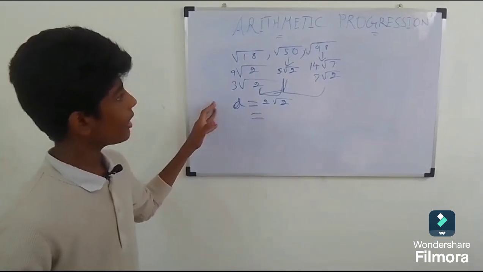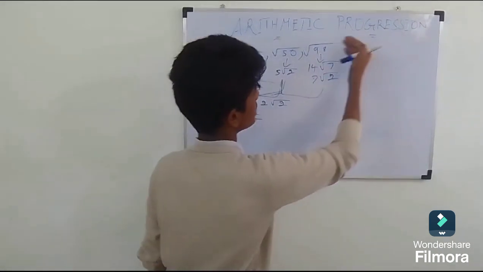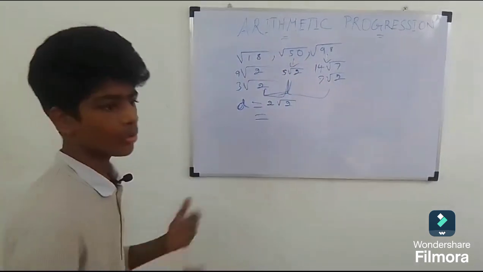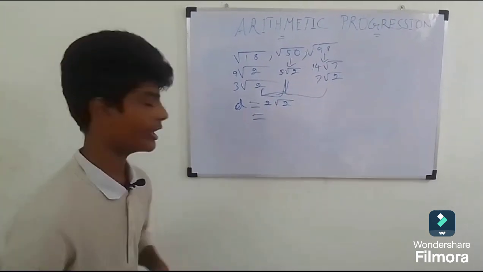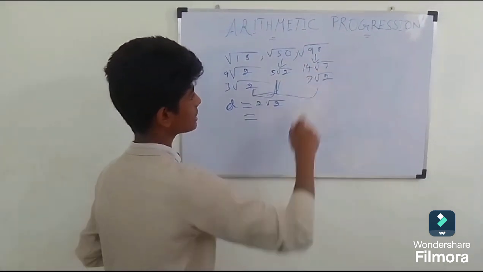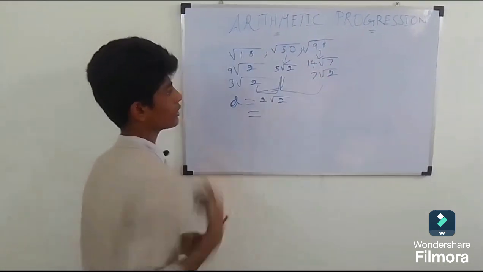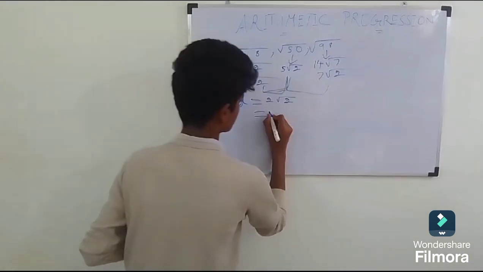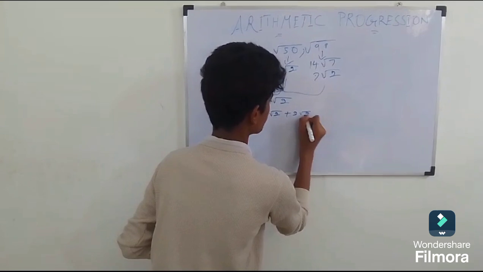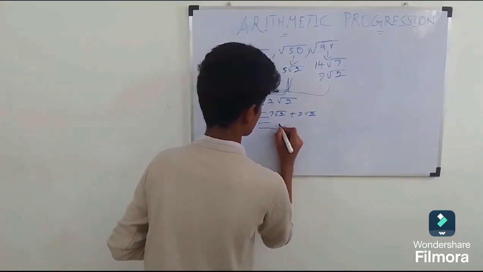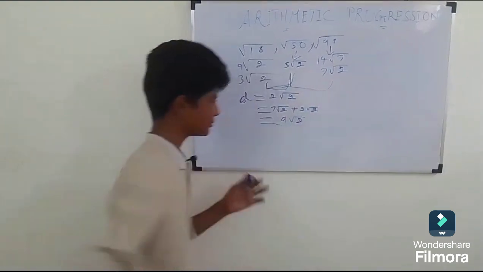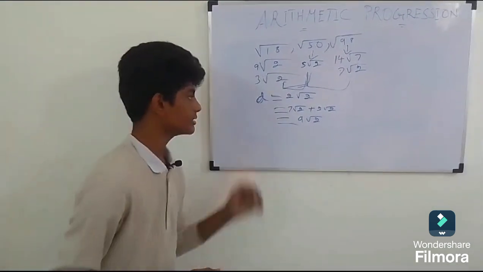Now the main part is we have to find the next term in the arithmetic progression. So 18, 50, 98 and the next term. What should be the next term? We have to find it with the common difference. How? We have to add the common difference to the last term, which is 7 square root 2. So if we add 7 square root 2 plus 2 square root 2, what do you get? 9 square root 2, because 7 plus 2 is 9.